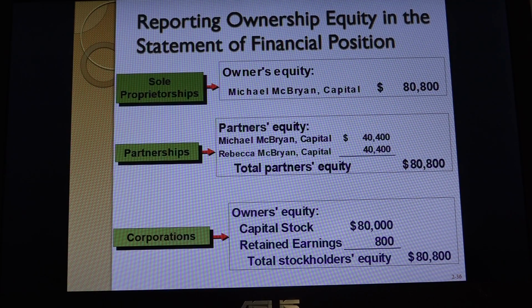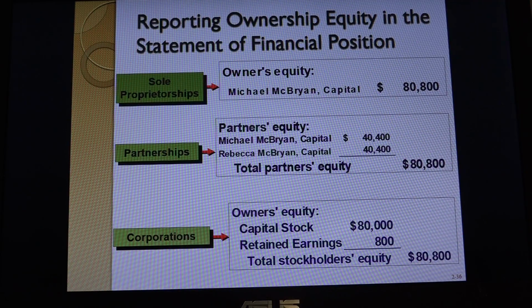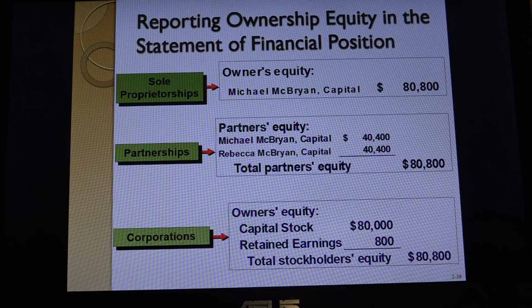Sometimes you'll hear me say shareholders' equity. It's the same thing, and the terms are interchangeable. Okay? So a little different terminology, but basically the same concept, regardless of the business entity involved.